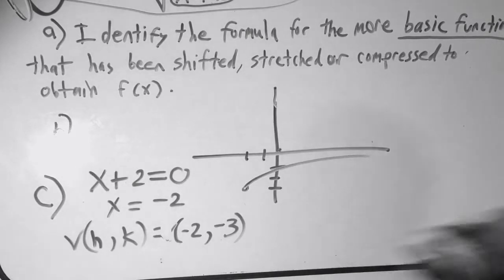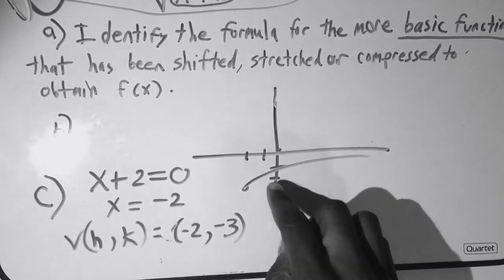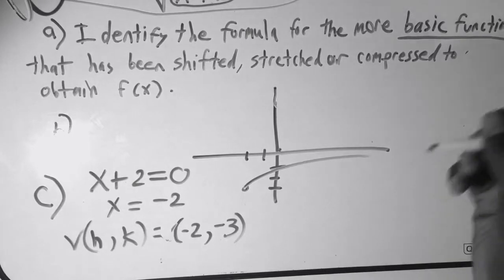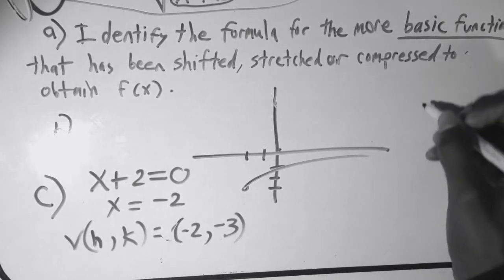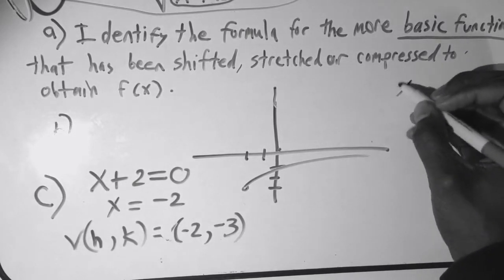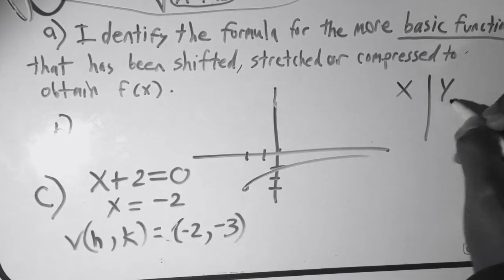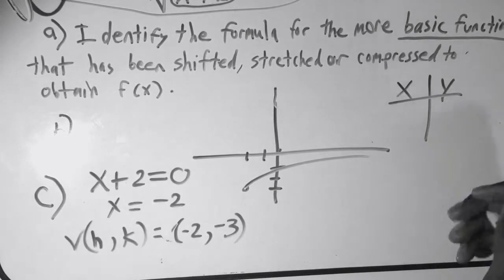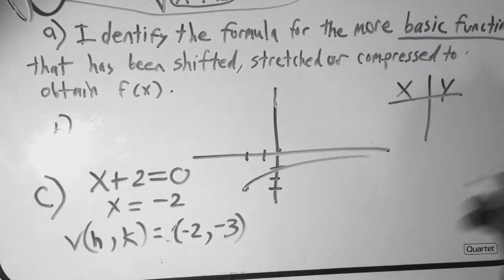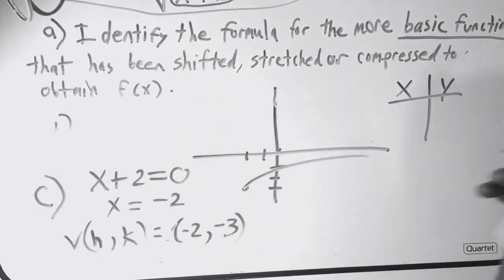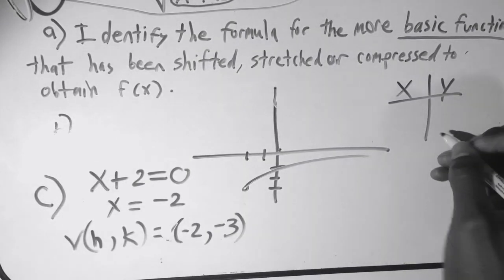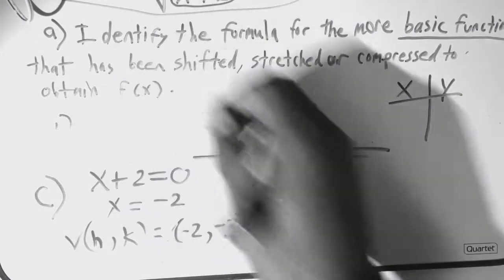Nothing has changed. You can also get these points by plotting points. You can do it like this, x, y, right? And then you can plot any point in x. Let's make it so we get y in an easier way.